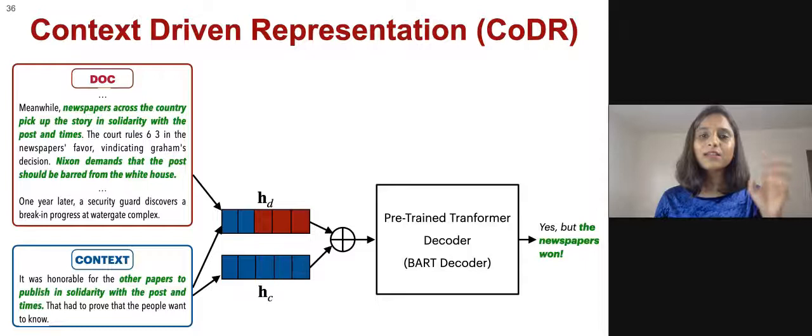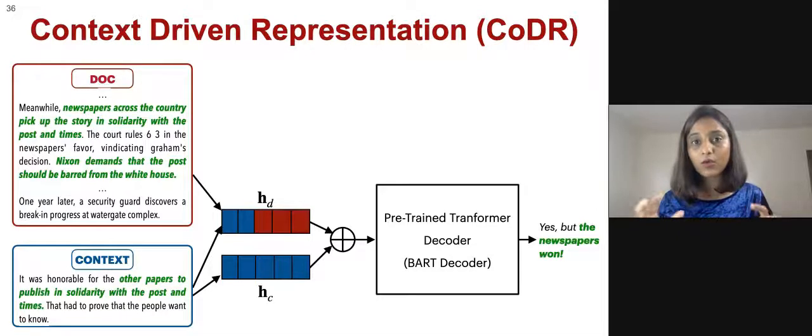The parts that are marked in green in the document are parts of the document that we want the decoder to focus on. And the parts that are marked in green in the context are the parts of the information in the context that we don't want to see repeated in the response.